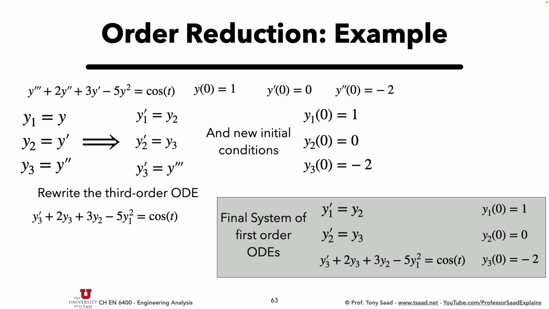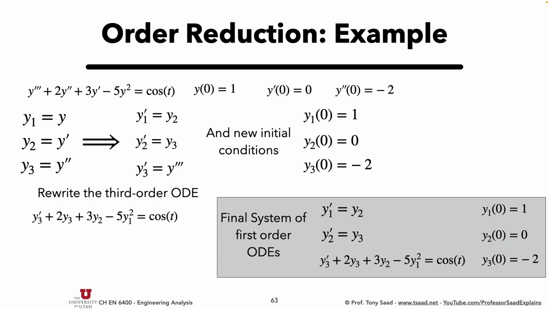Okay, so y1, y2, y3, you take their derivatives, you apply the initial conditions, you substitute back, and you get a system of first order ODEs. Remember, solving an IVP is solving equations of the form d phi by dt equals something. All of these are d phi by dt equals something, d phi by dt equals something, d phi by dt equals all of this. Okay?